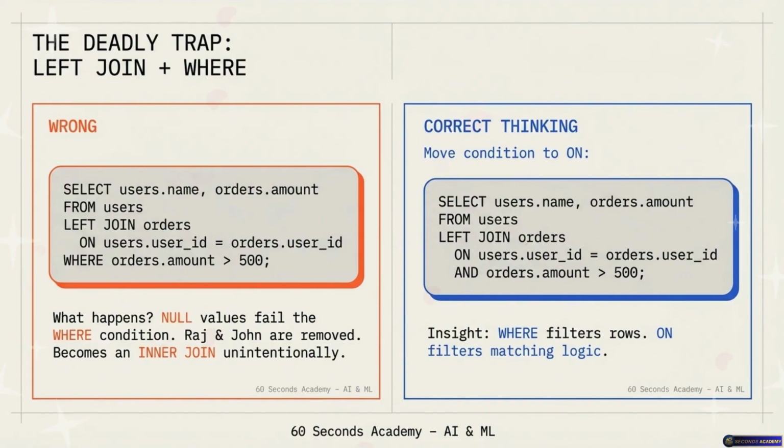The engine looks at the left table and says, Amit, Raj, and John didn't have any matching rows from phase two. I must add them back in with NULLs. And because there is no where clause waiting in phase four to ruin things, the final result set preserves every single user. Exactly. Amit, Raj, and John all show up with NULL order amounts, and Sarah shows up with her 700. You successfully filtered the right table without sacrificing the left table.